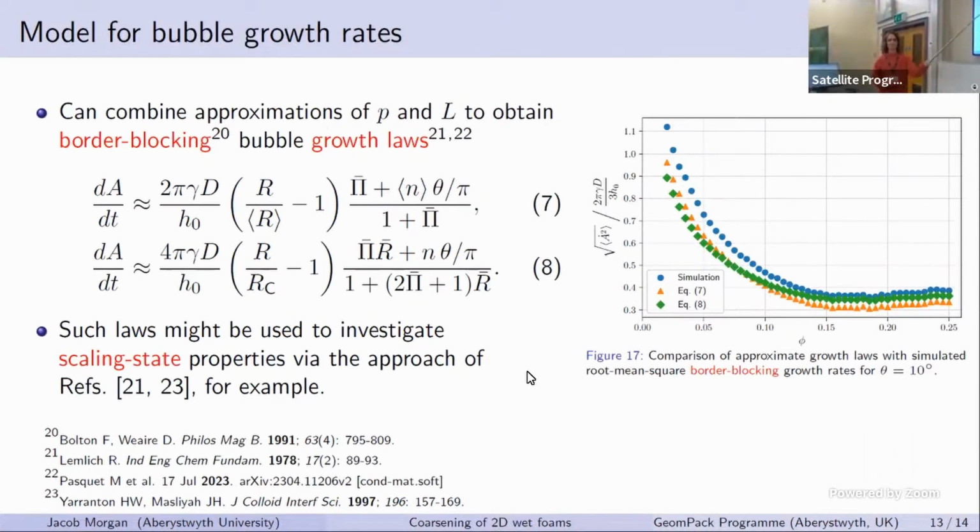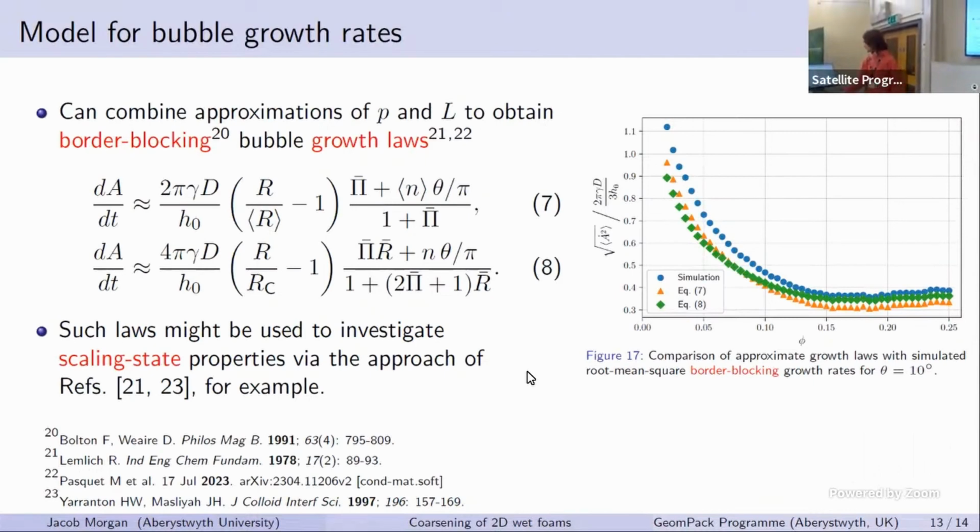Nevertheless, it would be interesting to see if something like this would be able to reproduce that qualitatively. I should say that RC here is the critical radius, which, as I mentioned before, is set by the conservation of the total gas in the foam.